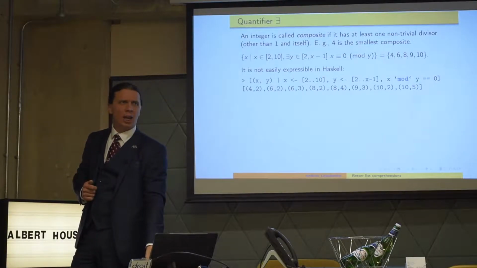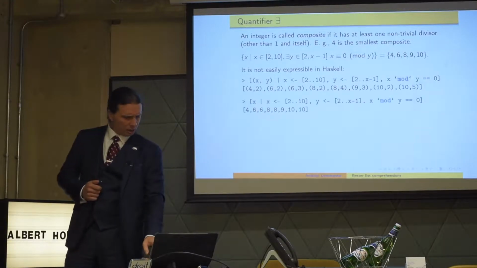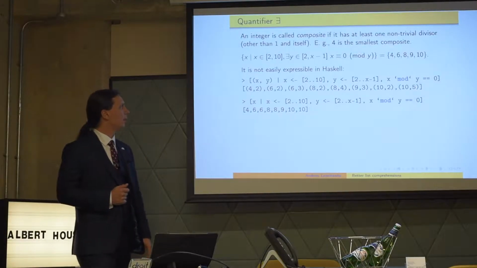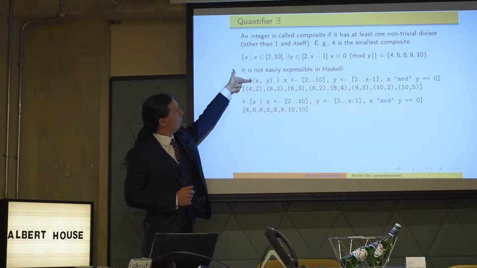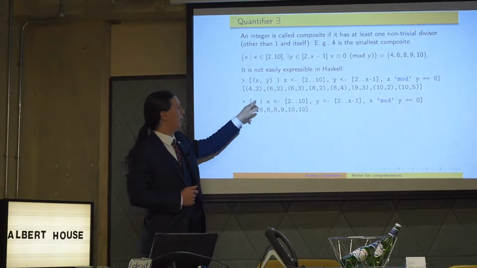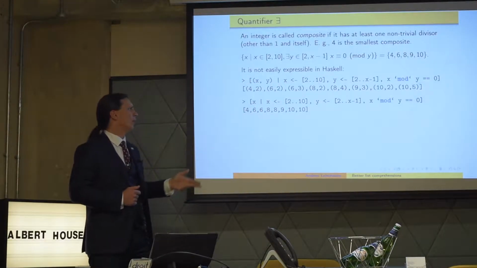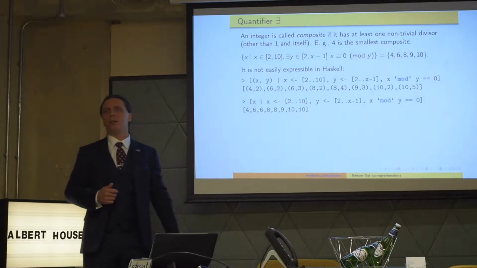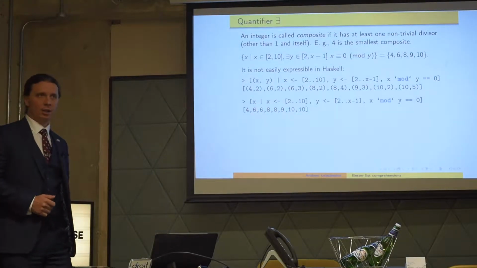And probably I don't care about all divisors. I can possibly write it like this. So here I returned x and y. Here I'm returning just x, but it's not much better actually. There are still repetitions in this list.